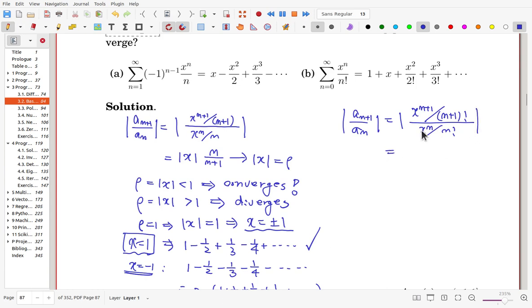Now for the x terms, we have the absolute value of x, and for the factorial terms, we have 1 over n+1.